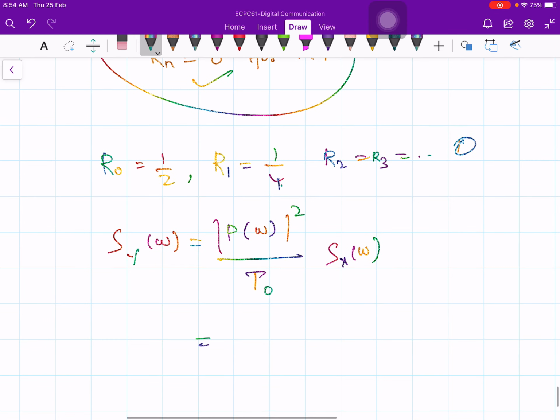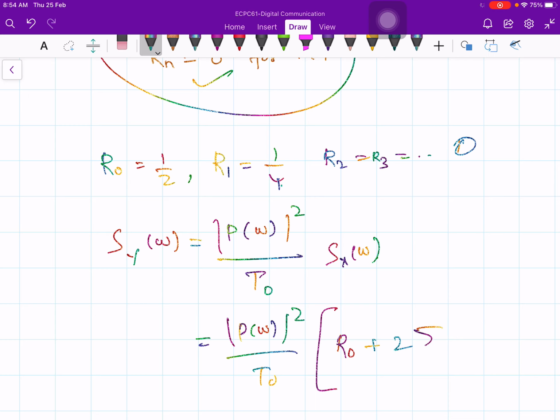Okay, so this is going to be P of omega mod square divided by T naught, and this is going to be R0 plus 2 times, if you remember this formula from the previous lecture, summation n is equal to 1 to infinity Rn cos of n omega T naught.